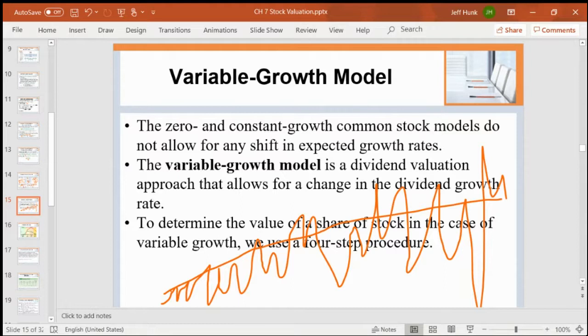So that is why we have that constant growth model, or Gordon growth model.